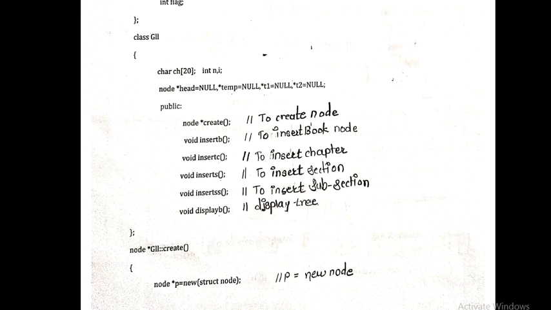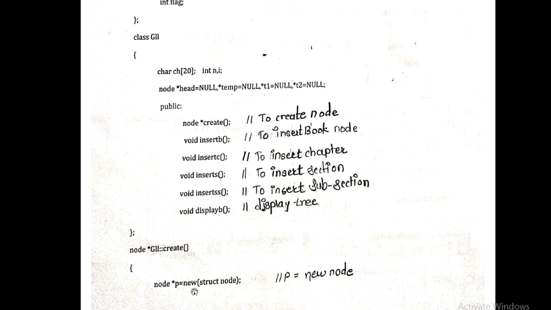What is required whenever we create any node? If we know everything about the linked list, we can easily say that for creating the node we call the new function. In the linked list, for creating any new node, we call the new function here, right?